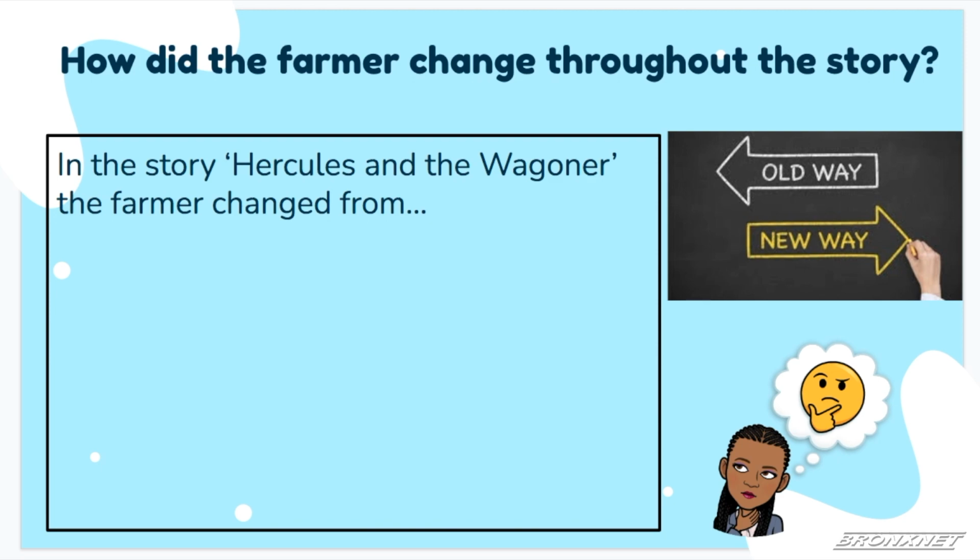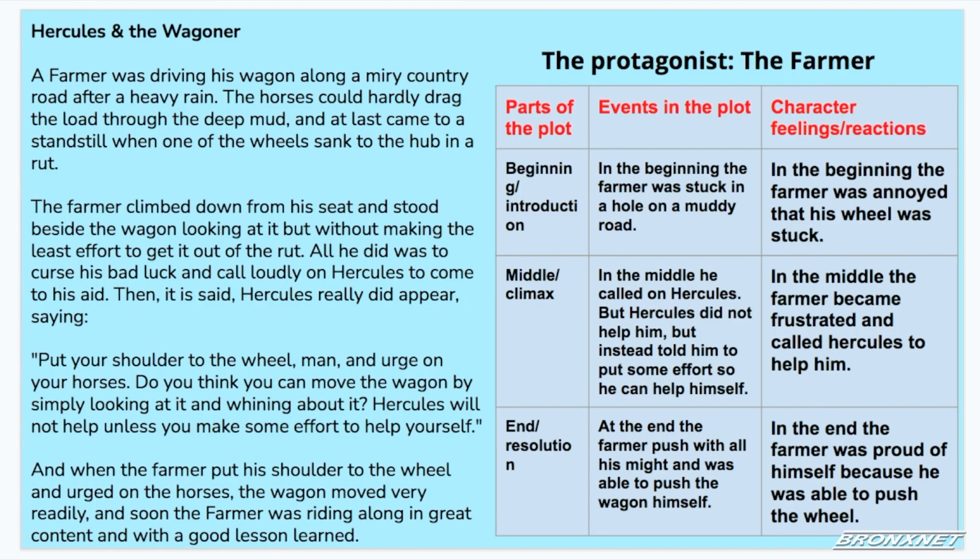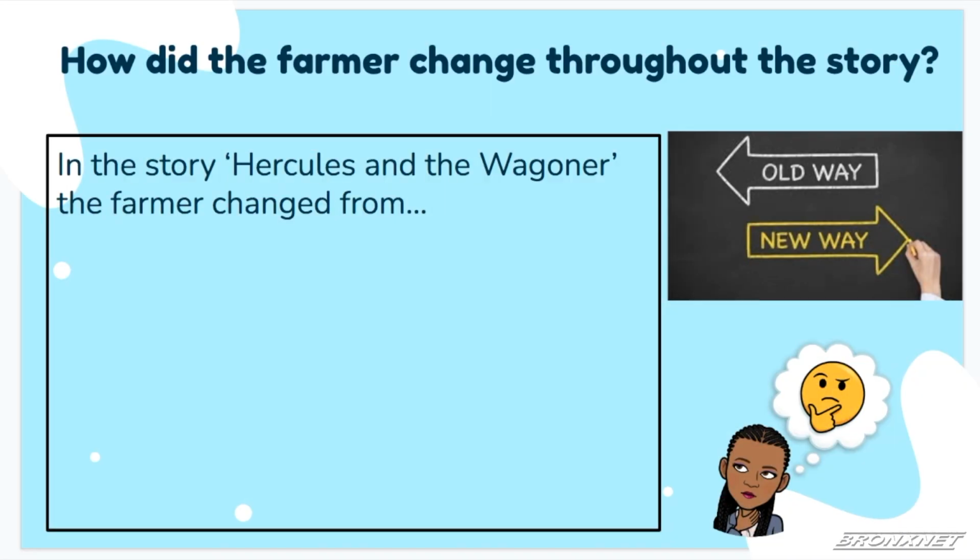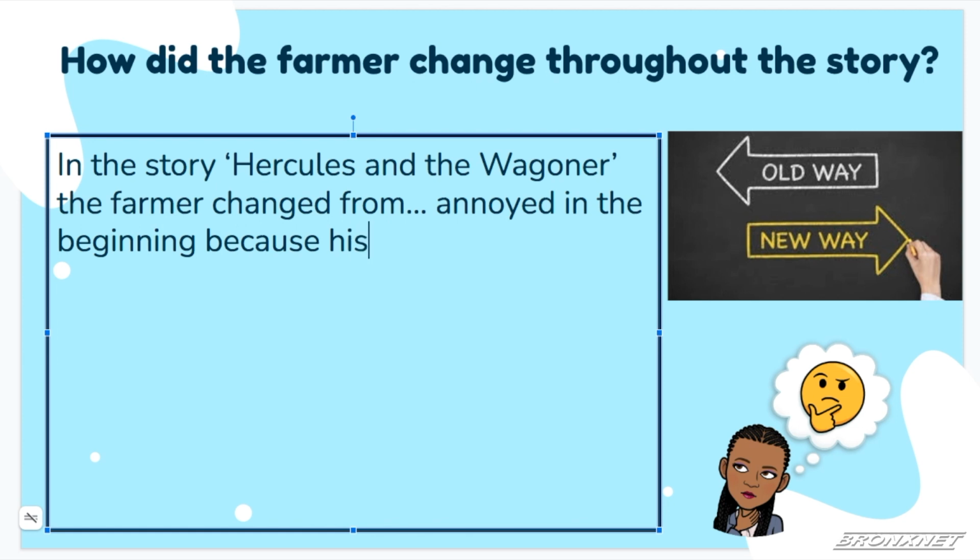So if we look at our notes from before, it's right there for us, right? So let's see if we could come up with a nice answer. In this story, Hercules and the Wagoner, the farmer changed from, we said he was annoyed in the beginning because his wheel was stuck in the mud.